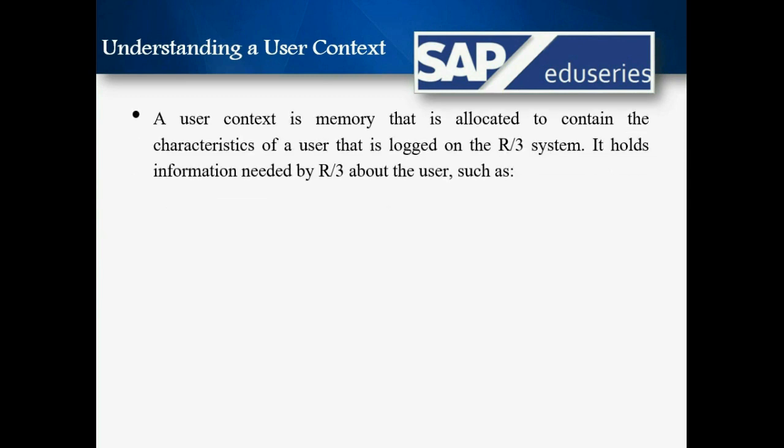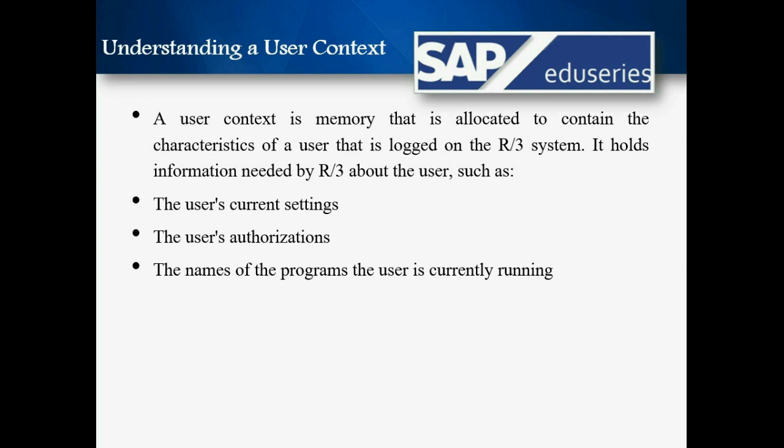Understanding a user context. A user context is memory that is allocated to contain the characteristics of a user that is logged on the R3 system. It holds information needed by R3 about the user, such as the user's current settings, the user's authorizations, the names of the programs the user is currently running.